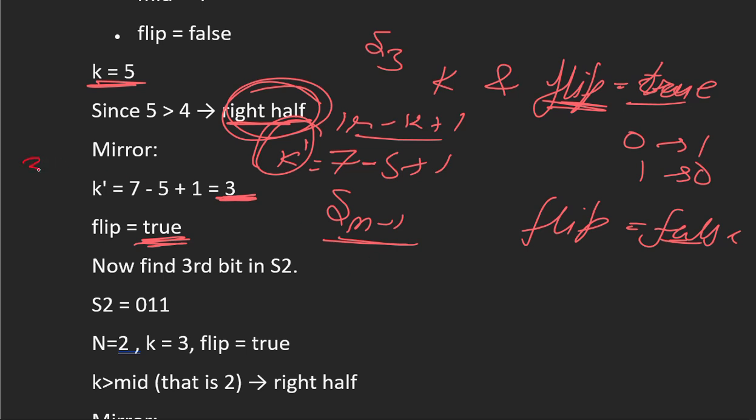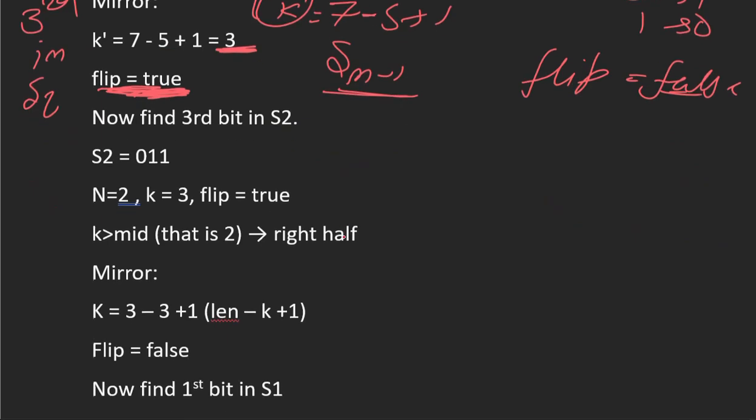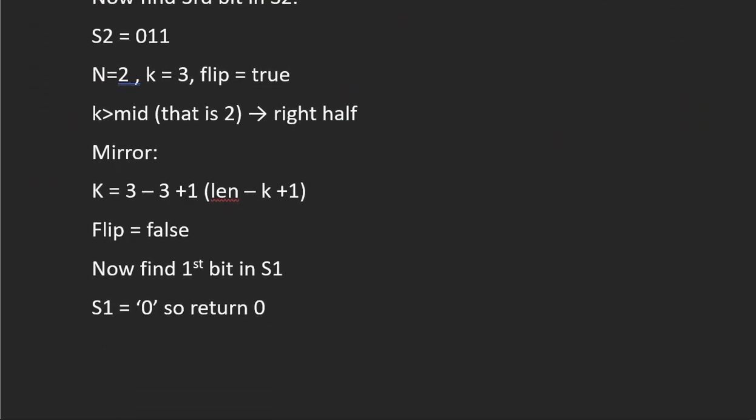Now we have to find the third bit in S2, and we have also marked flip equal to true. So now let's see in S2. So in S2 we have k equal to 3 and flip equal to true.